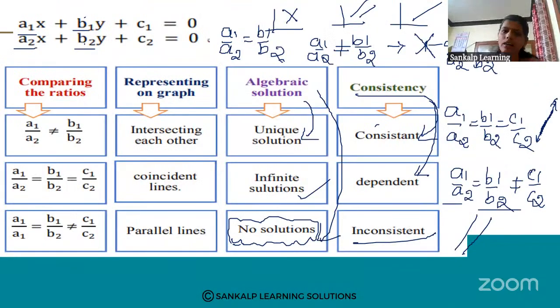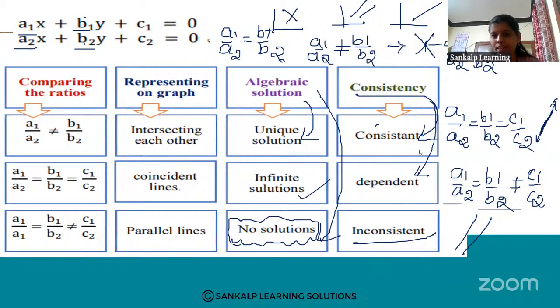See, on comparing the ratios, if a1 divided by a2 is not equal to b1 divided by b2, then the nature of the graph is intersecting: the lines are intersecting each other. And algebraic solutions, how many solutions does it have? Unique solution.